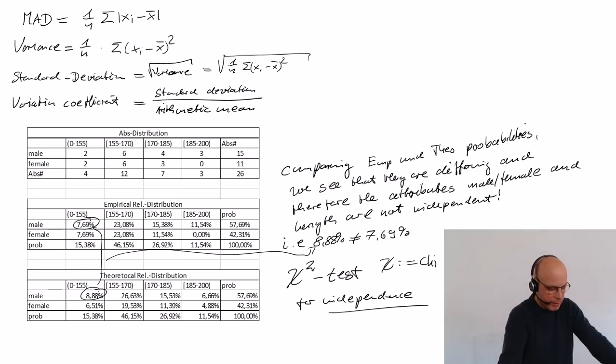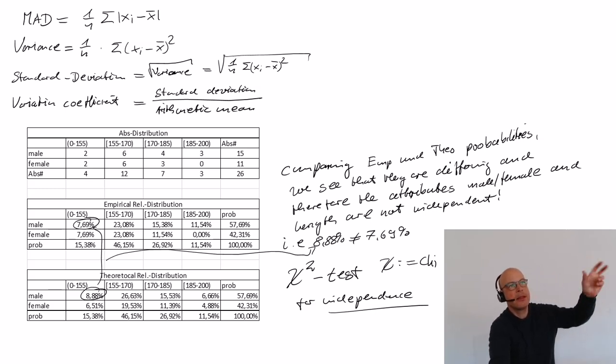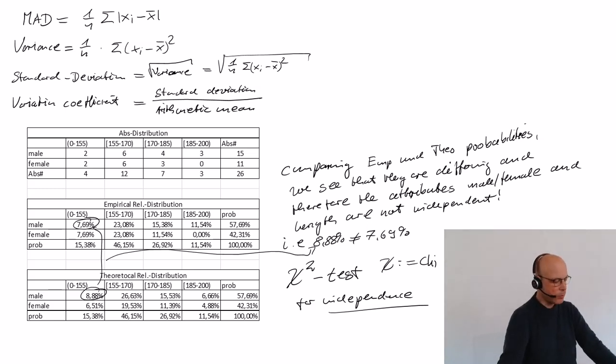And actually I think one of you chose the ninth topic, and this topic is about this chi-square test when you want to analyze the dependence between two variables.